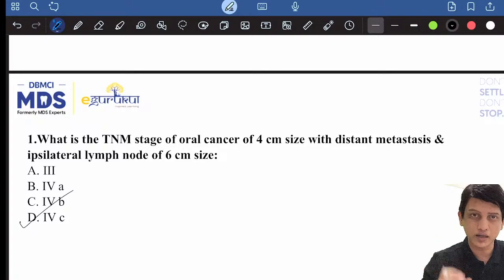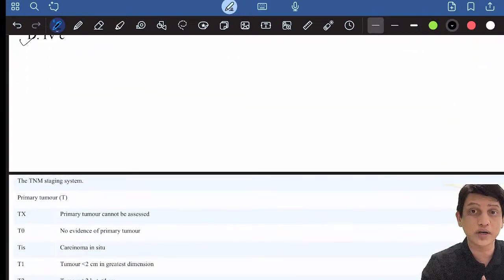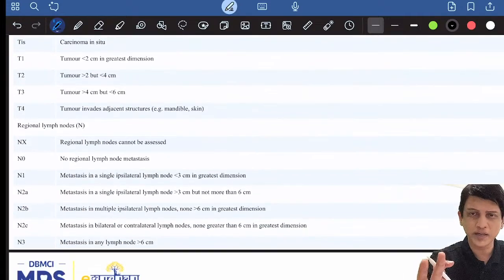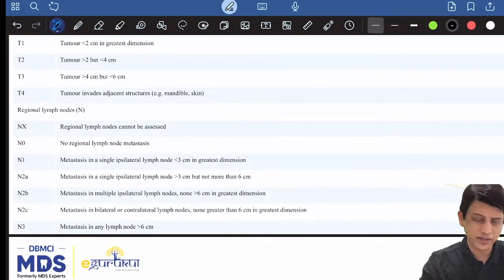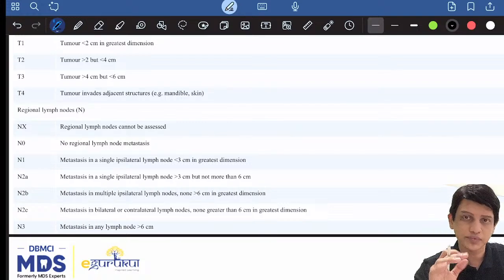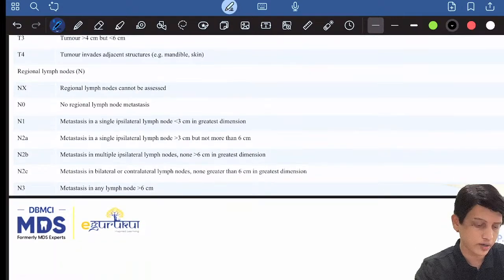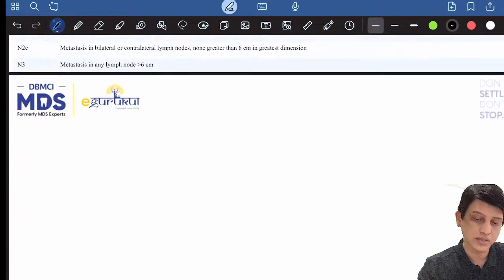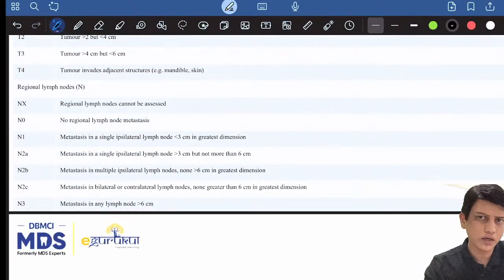Any T and N with M1 is included only in 4C. We should know T1, T2, T3, T4, but they won't make it very complicated for you. If something very different or peculiar is there in a particular staging, then they'll ask you. In the class also I highlighted this feature. So M1 comes in 4C, and that should be the answer. Hope it's clear.